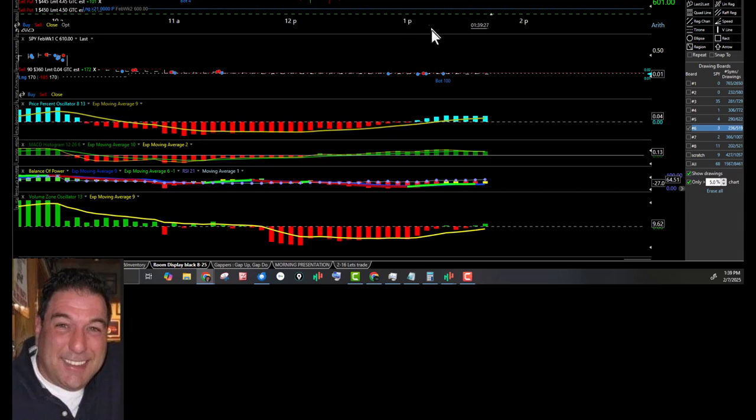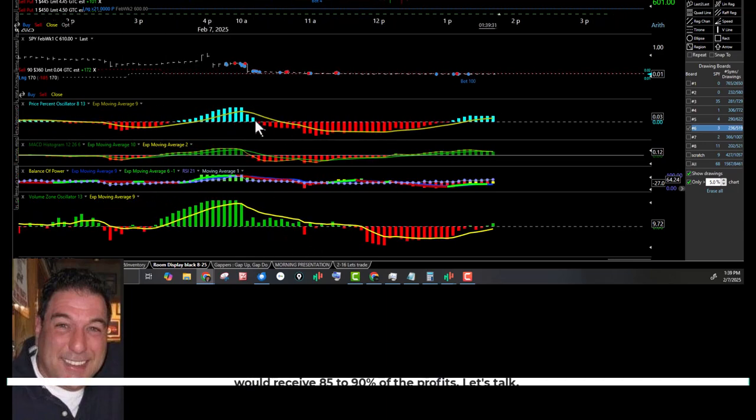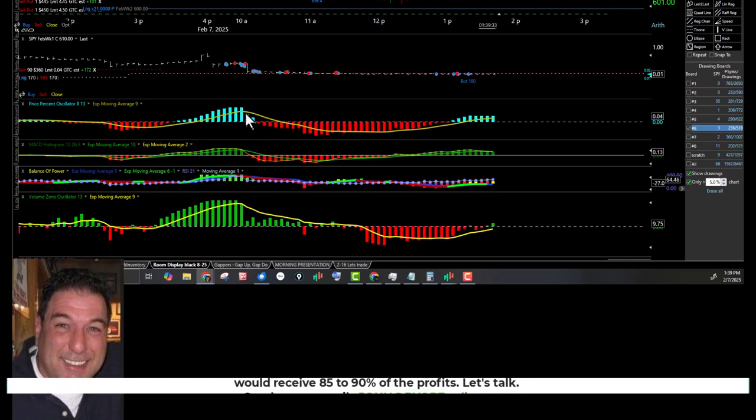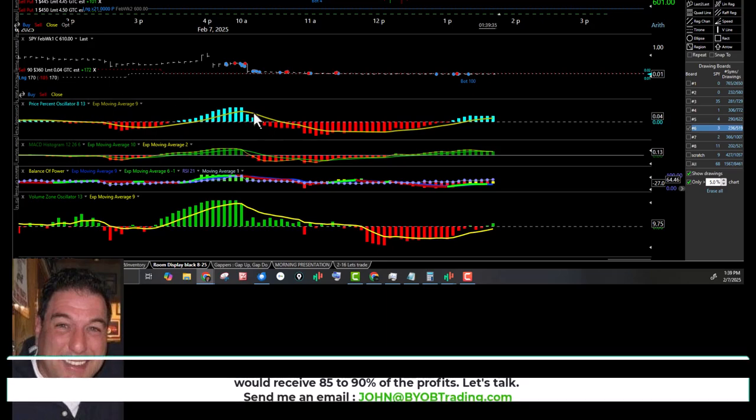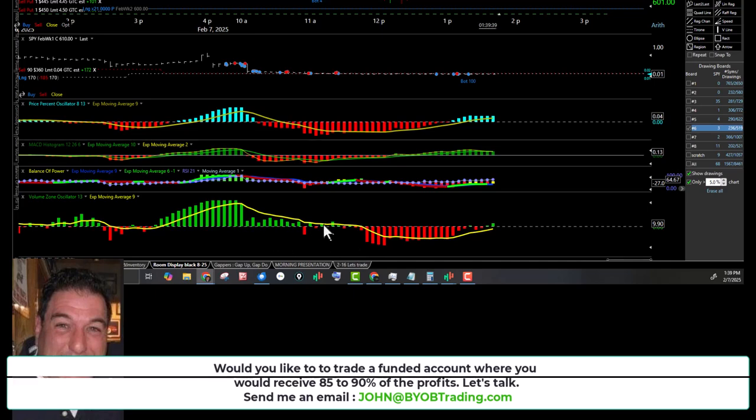Now, as you can see now, what I want in order to get rid of my puts is to see the price on the PPO descend like this, and the VZO descend. See how it was descending like that? That was a perfect time to get rid of my puts right there. Here's the pullback, double down, and get rid of the puts.